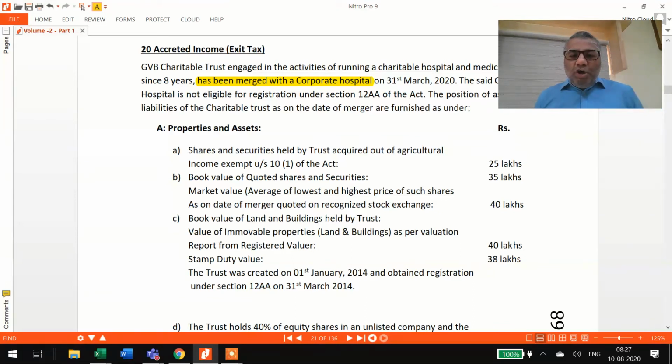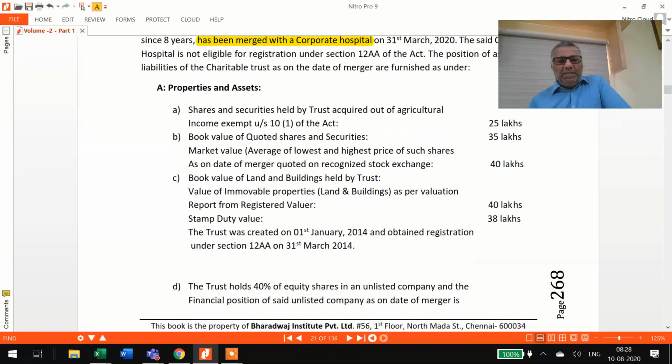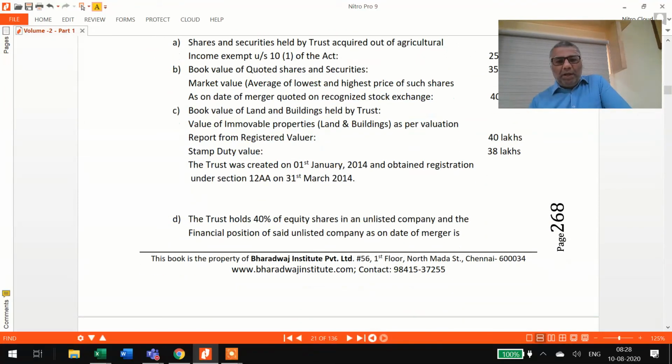Book value of land and building held by the trust, value of immovable property as per valuation report, stamp value. The trust was created on 1st January and obtained registration on 31st March. So it was not acquired before that.